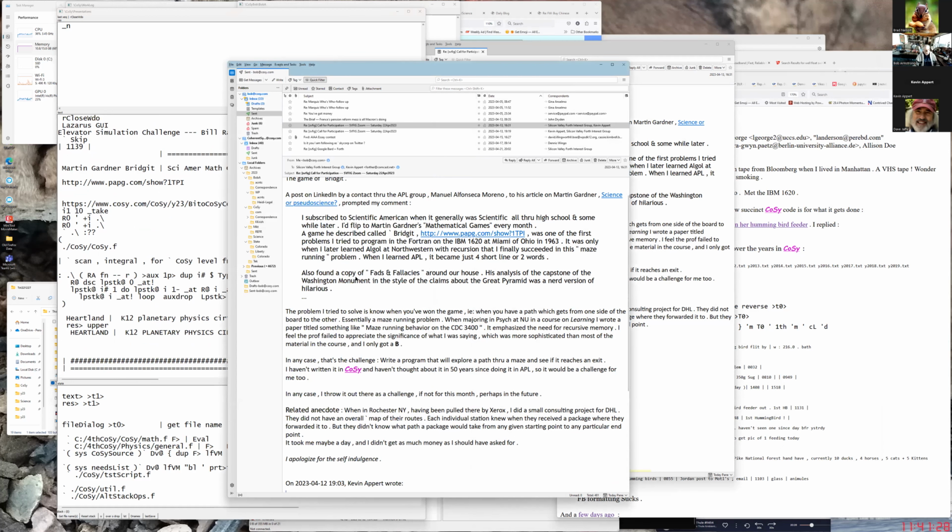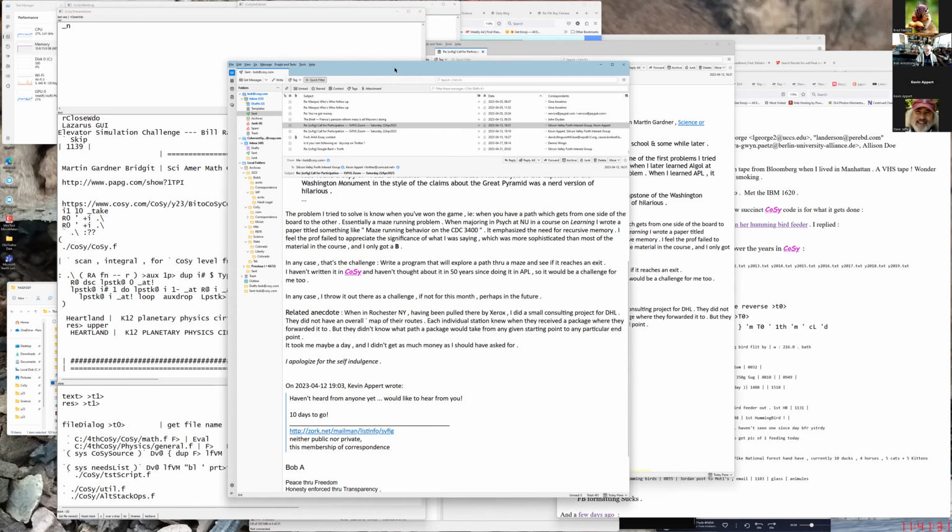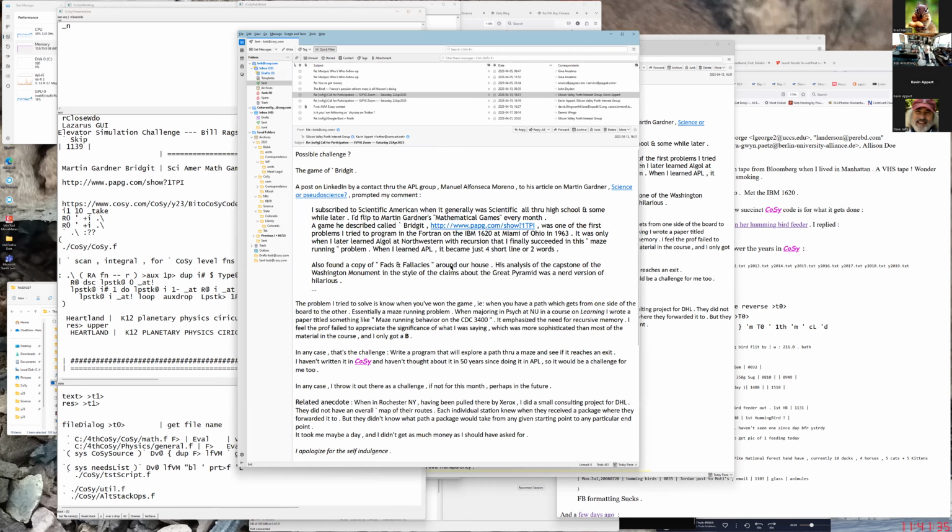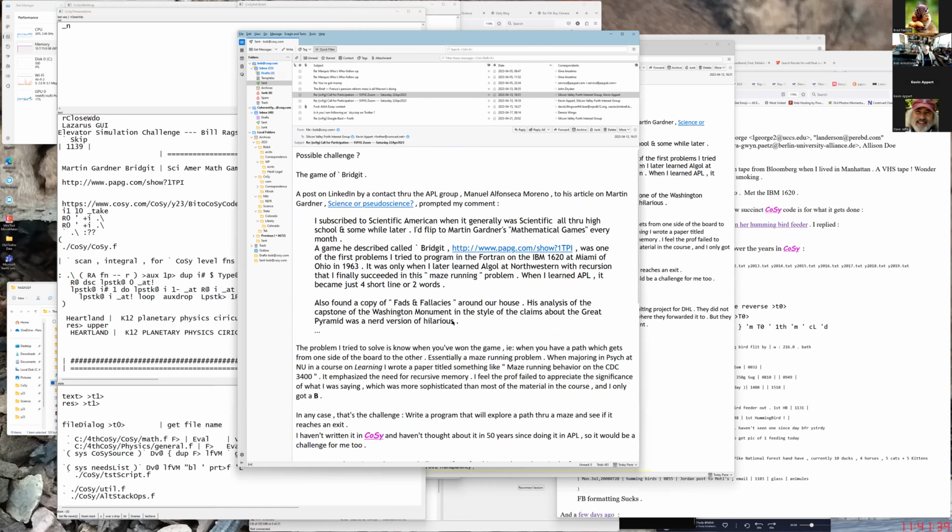And this is over here, this was the original thing. Let me go get even bigger on the thing. A mention of Martin Gardner was done by this guy. I guess I know him through APL really, but he's clearly a polymath.